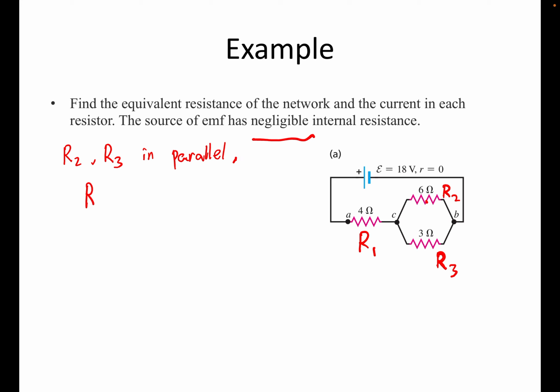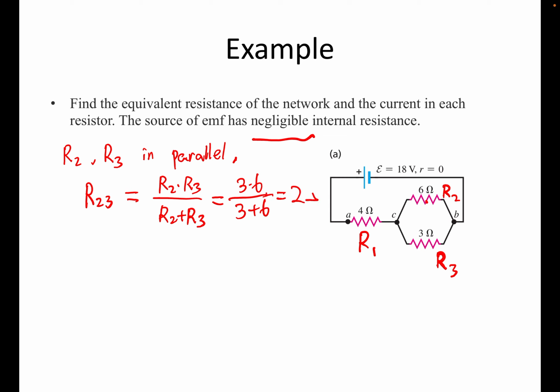Let me call the equivalent resistance of R2, R3 in parallel R2,3. It should be given by R2 times R3 over R2 plus R3. So it's 3 times 6 over 3 plus 6.